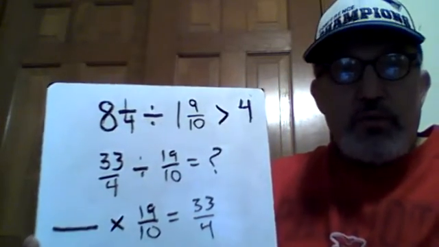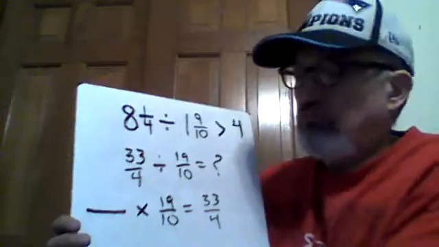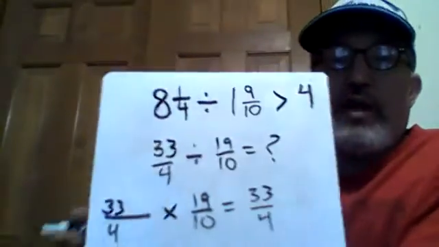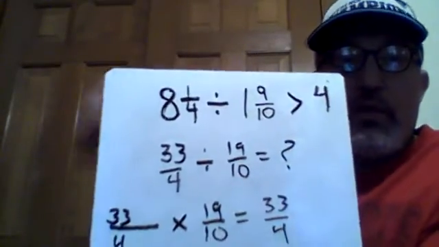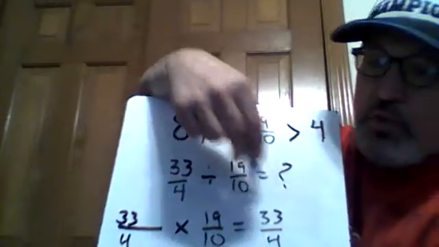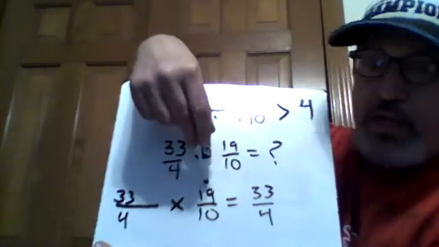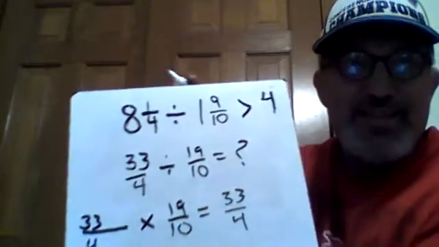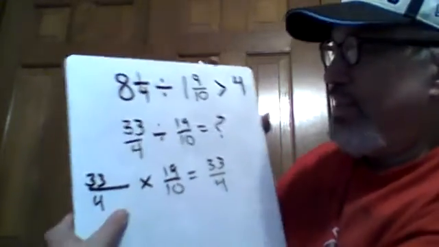Now, first thing I'm going to do is be a little bit clever, if you don't mind my saying so. I'm going to be clever and start to build this quotient fraction by putting a 33 and a 4 there, because that's what we want to end up with. When we multiply our quotient fraction by 19/10, we want to end up with 33/4, so let's put it there. And the second clever thing to do is this.